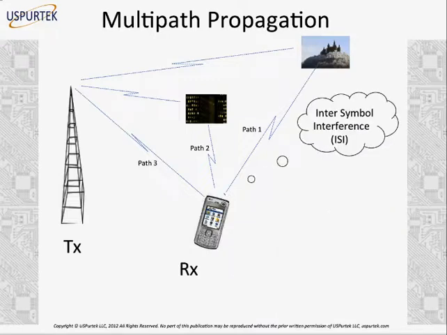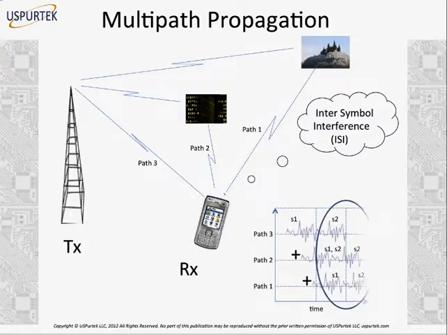Now, cell phones use digital signals, right? There is one other problem, which is inter-symbol interference, because we are ultimately receiving streams of data from our transmitter. All three signals coming from different paths cause the symbols to interfere with each other. As you see in the picture, symbol 1 and symbol 2 arrive on path 3.